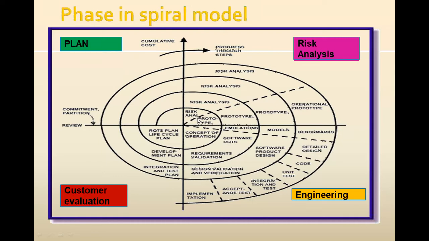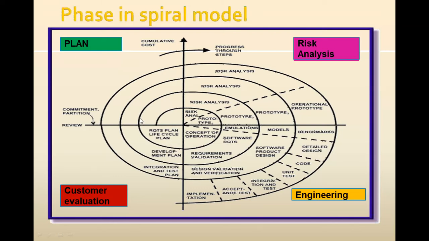In risk, you build a prototype, and if you enter the third fold, you need to plan out the concept of operations, and in the fourth one, the life cycle plan and requirement plan.